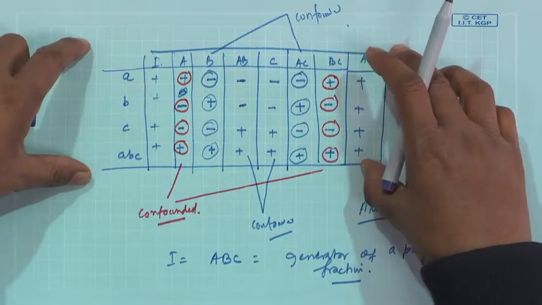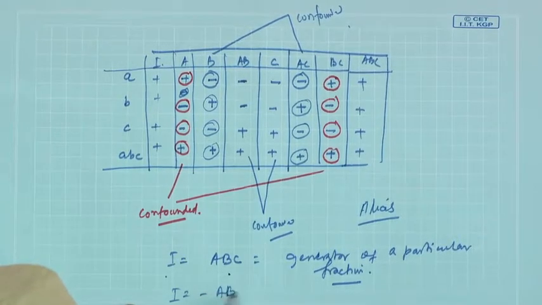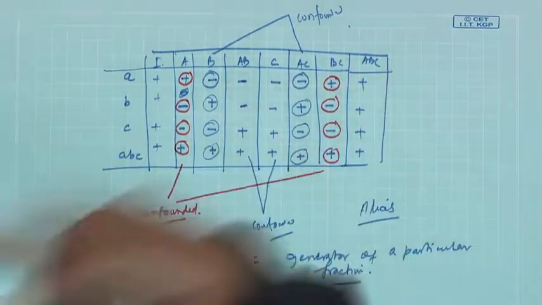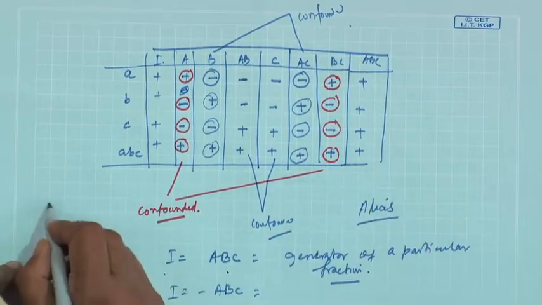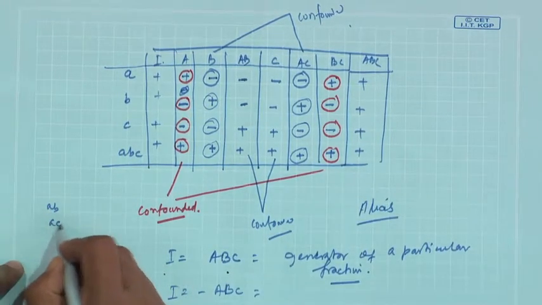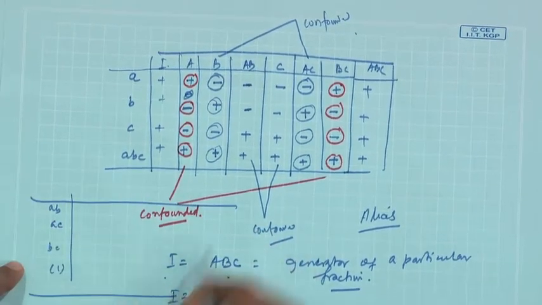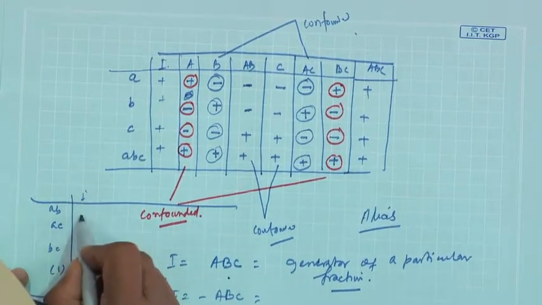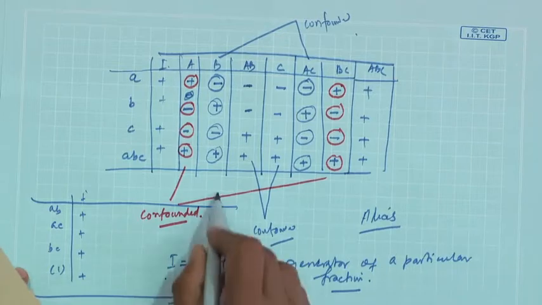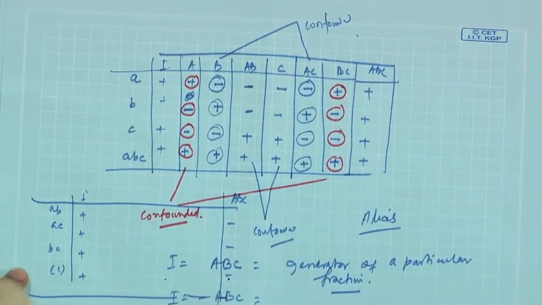So, this half is created considering I equal to ABC. If you consider I equal to minus ABC, you will create the other half, consisting of the remaining runs. There you will find I all plus, but when you go for ABC, they will all be minus.